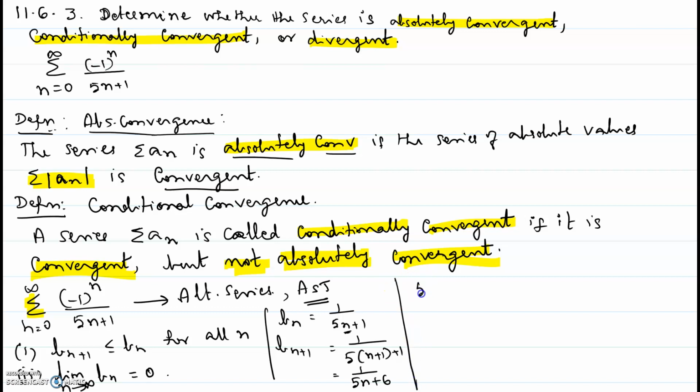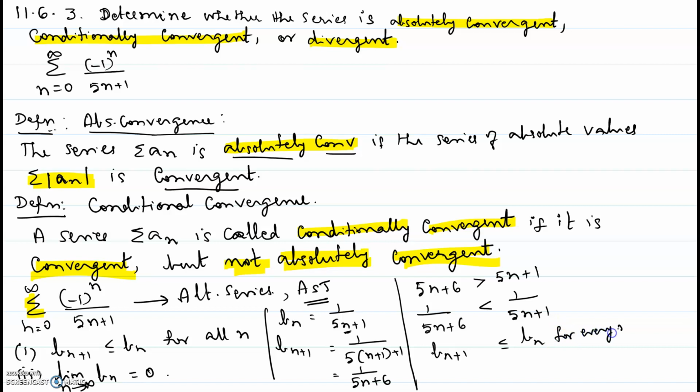An easy way of proving it would be: 5n plus 6 is more than 5n plus 1. So the reciprocal 1 over 5n plus 6 is less than 1 over 5n plus 1. The inequality gets reversed if you take the reciprocal. This one corresponds to bn plus 1 and this one corresponds to bn, and this is true for every n.